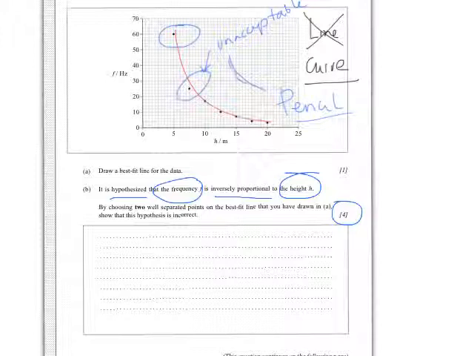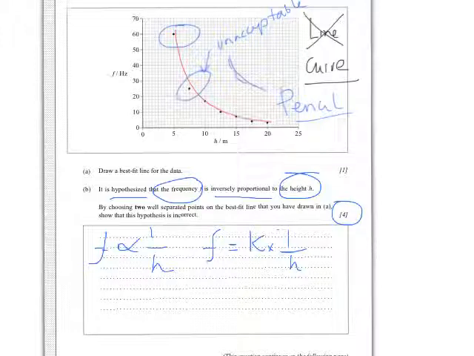Now, if frequency is proportional inversely to height, then if we write this as a linear equation, we get frequency equals k, constant, times 1 over h. And to simplify that, make it easier to understand, frequency equals k over h. Okay, now what does this mean?